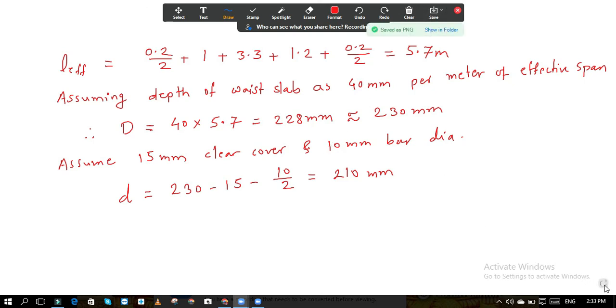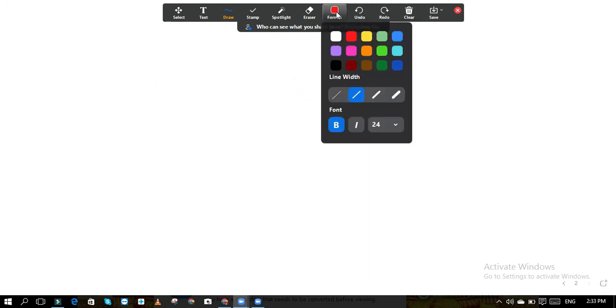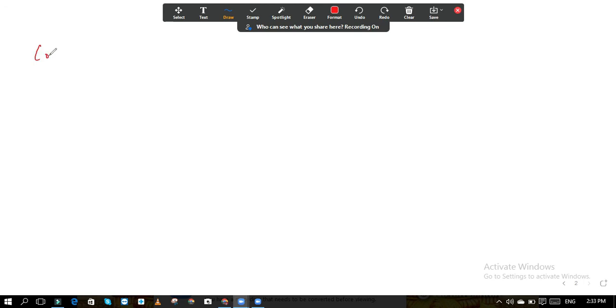Next is the load calculation. So we will calculate all the loads now. First, dead load of waist slab. Dead load or weight of waist slab, both are the same thing.